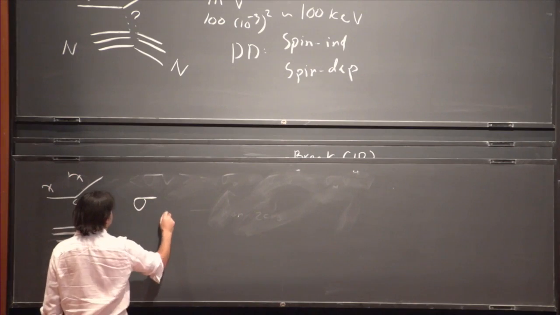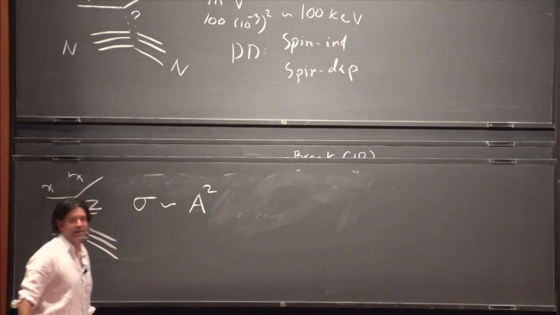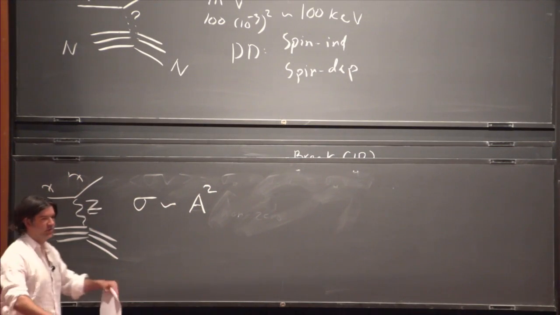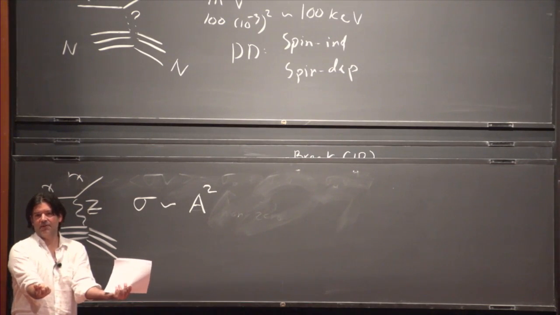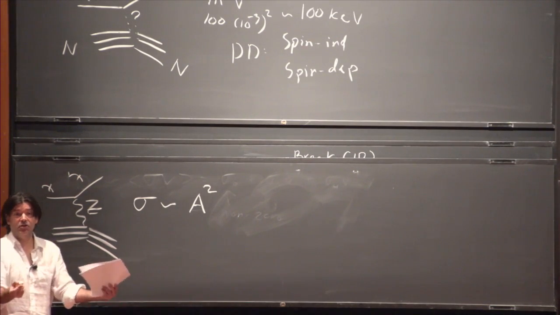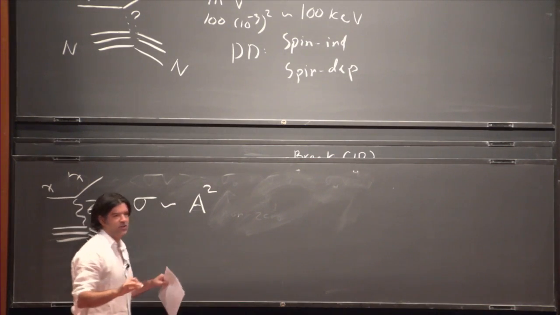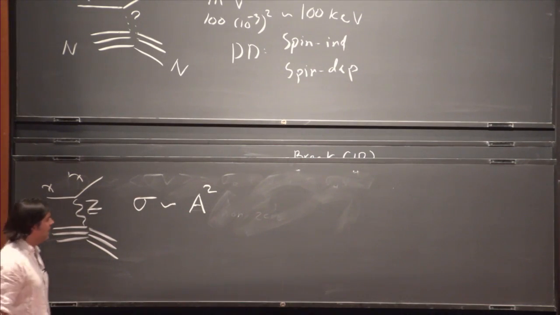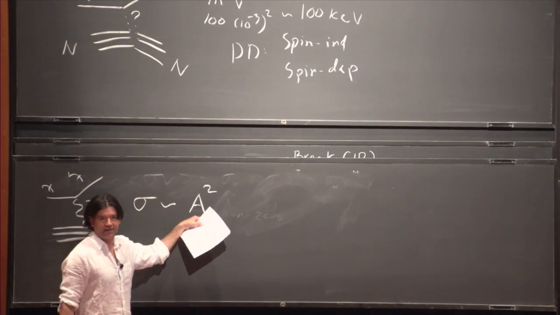You end up with a cross-section which is proportional to the atomic number of the nucleus squared. So you couple to some net charge of the nucleus, and you scatter off of that, and it's enhanced because you're scattering off the nucleus coherently. And so spin independent, which you could think of as coherent scattering off of the whole nucleus, tends to have a much, much larger cross-section because of this A squared factor.